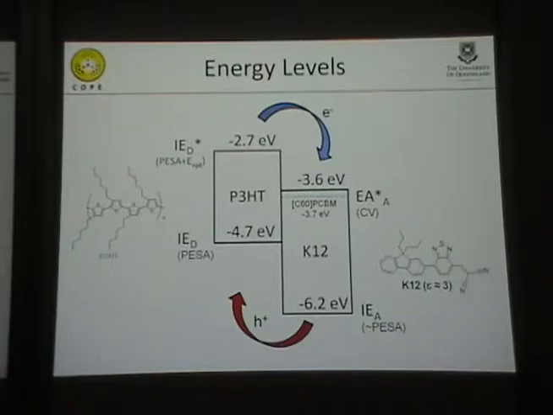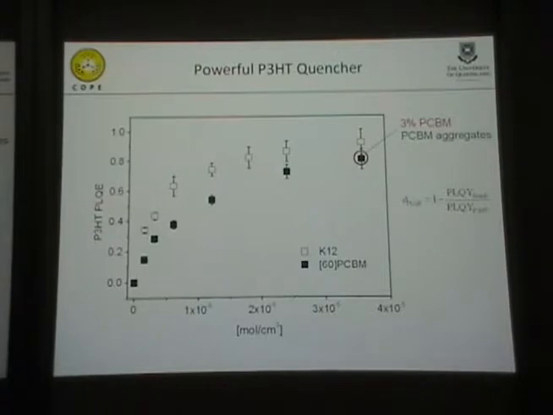So the first thing you want to check with a new acceptor is whether or not the exciton separation rate is faster than the exciton recombination rate. To do that, we blend small amounts of the acceptor with the P2H2, and we compare the photoluminescence quantum yield of the pristine with the blend, and we see that indeed K12 is quite a good electron acceptor, or at least a quencher.